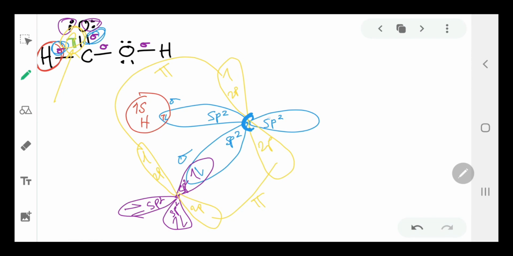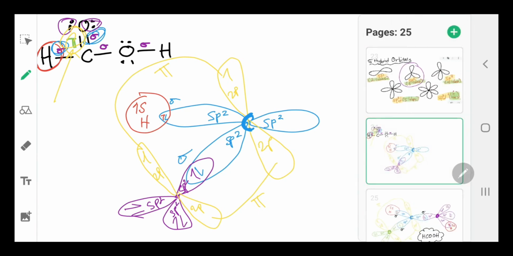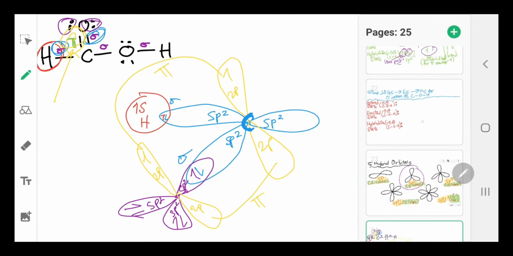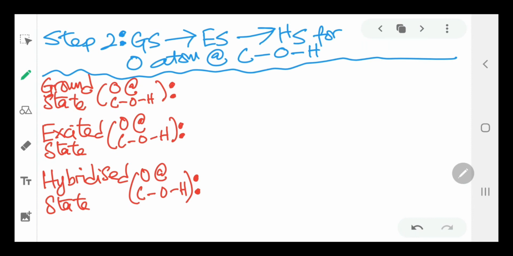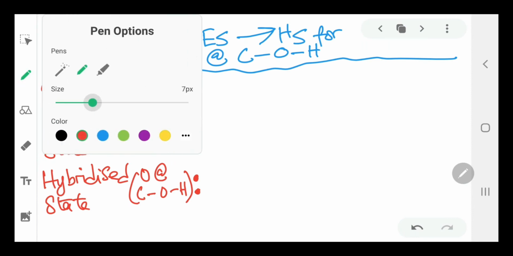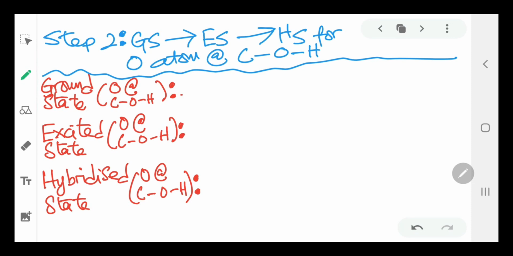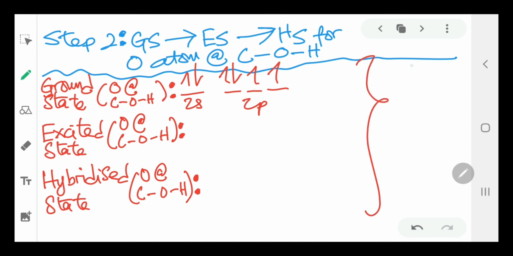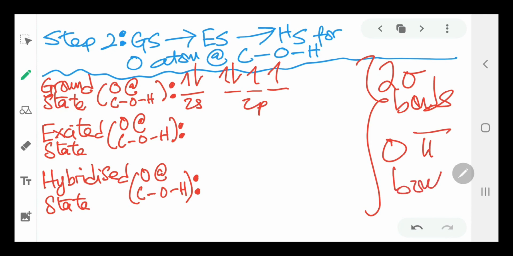And what about the one here? So we're going to look at this oxygen. It has 2s, 2p, 1, 2, 3, 4, 5, 6, 7, 8. And you need to remember, it has 2 sigma bonds and 0 pi bonds.